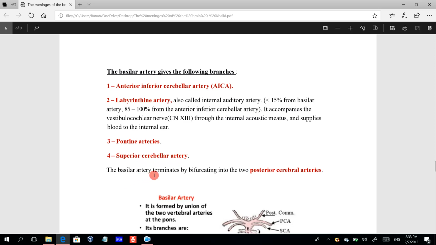The basilar artery terminates by bifurcating into the two posterior cerebral arteries. The anterior and middle cerebral arteries arise from the internal carotid artery, but the posterior cerebral arteries arise from the vertebral artery system.